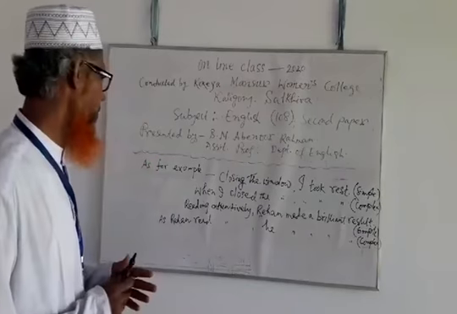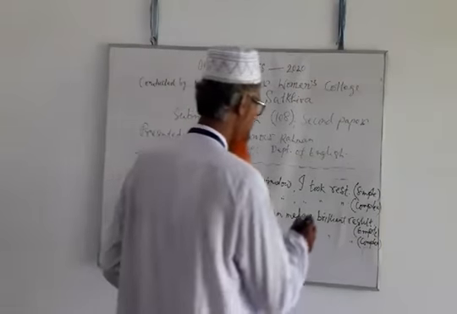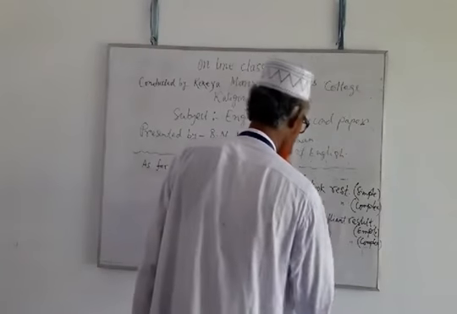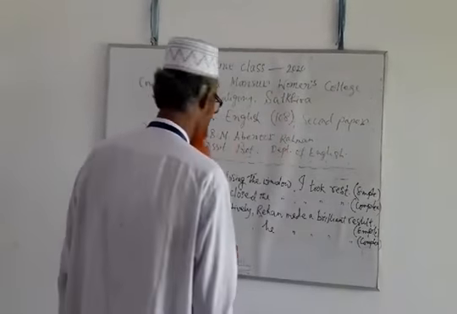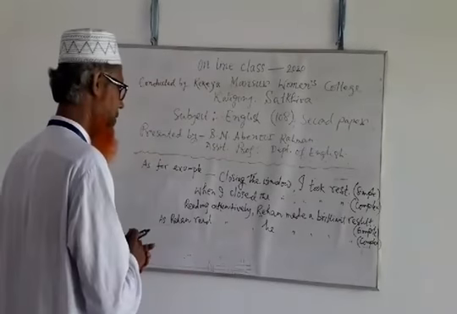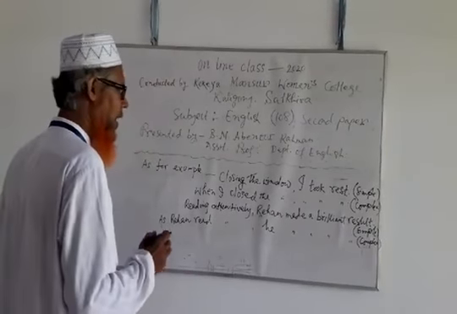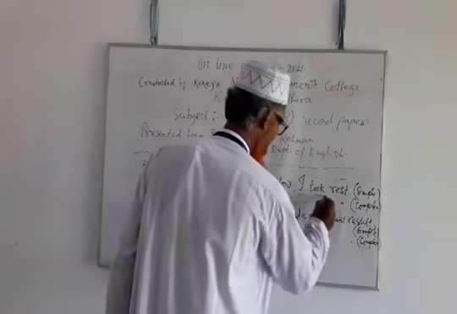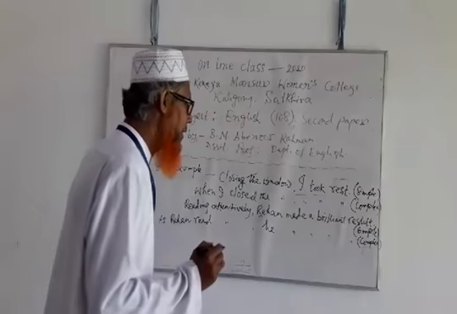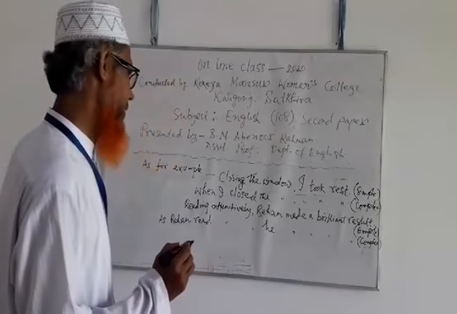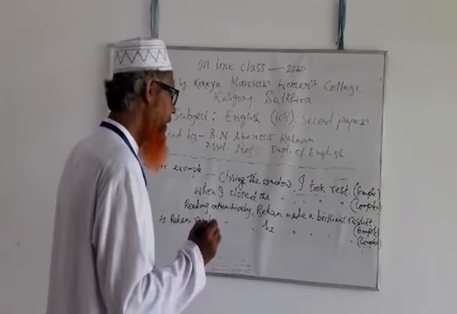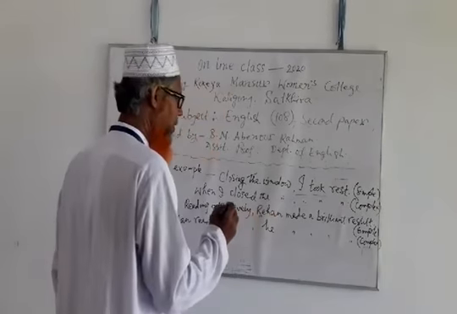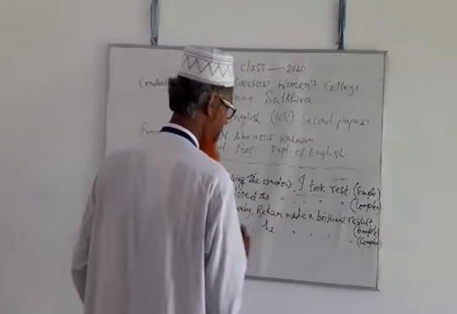As for example, closing the window, I took rest. It's a simple sentence. Here in the first part, we notice a subject and a finite verb. And it's the main part of the sentence, the key part, as it contains the subject and verb.